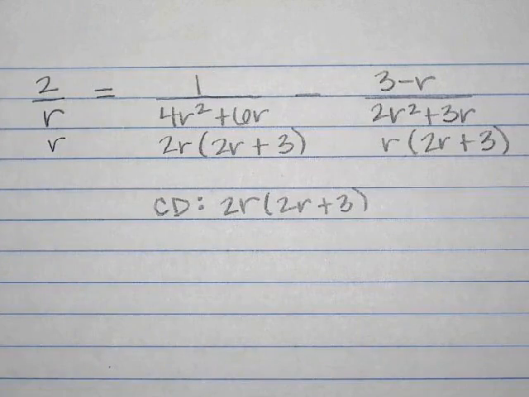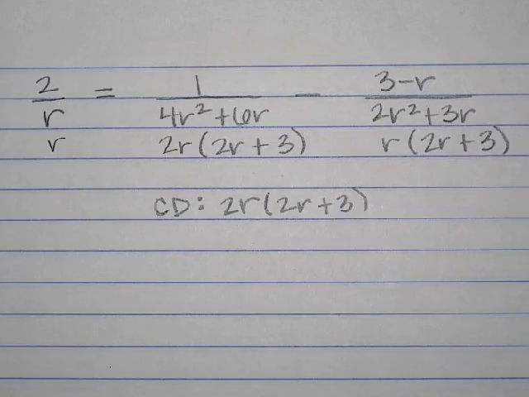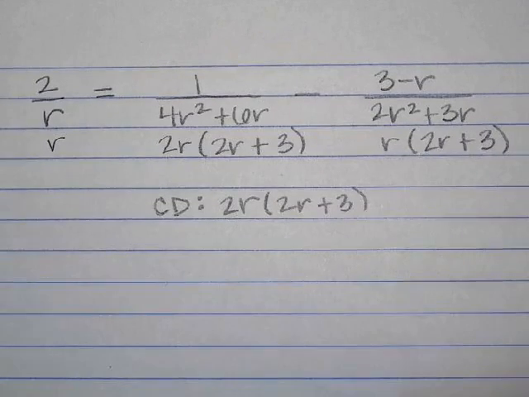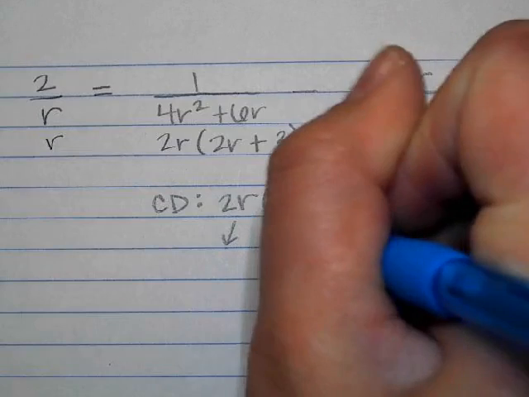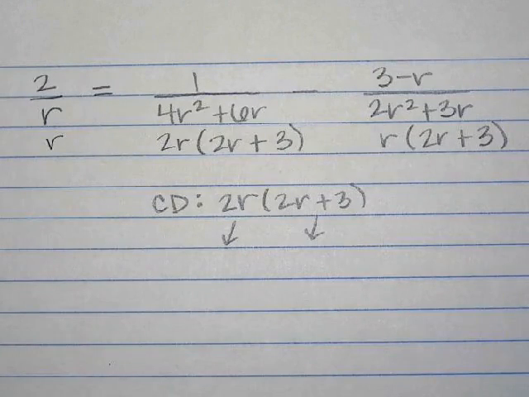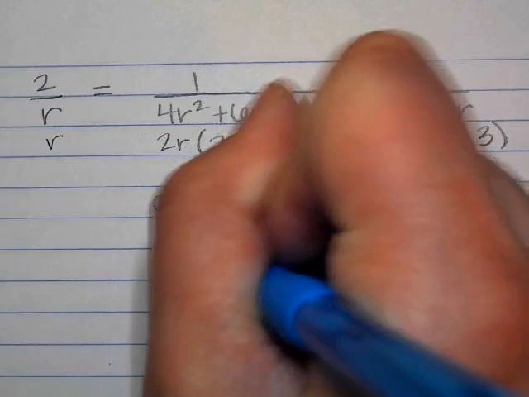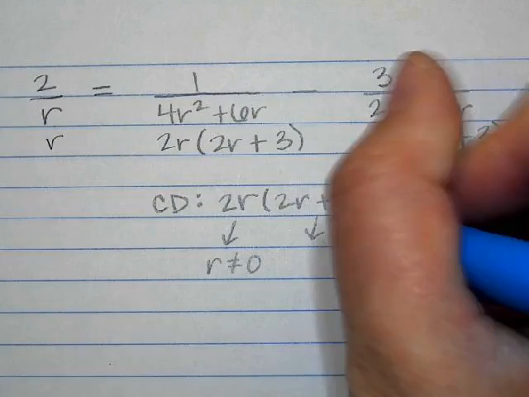All right. And so now that we have our common denominator, we can say what our excluded values are. We always got to watch out for those. So our excluded values are... This one's going to be a fraction.